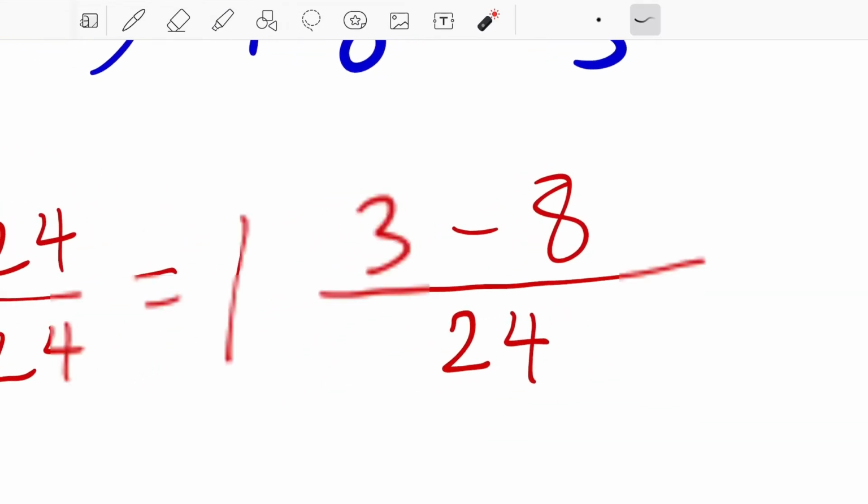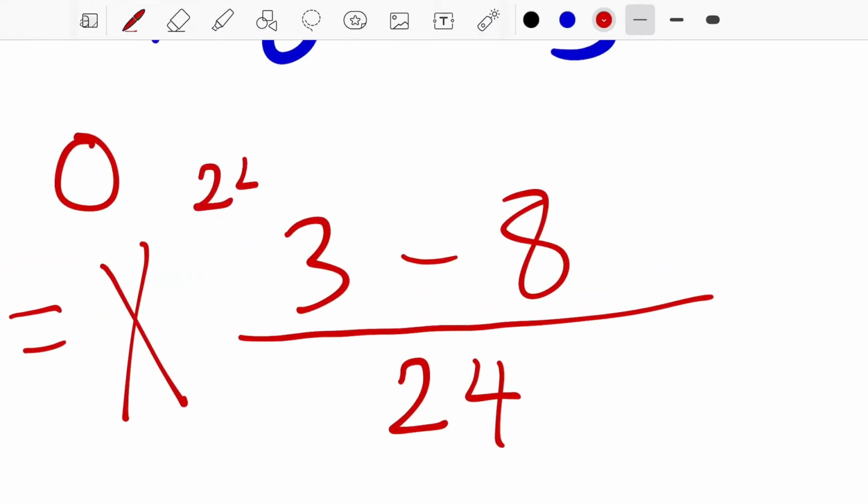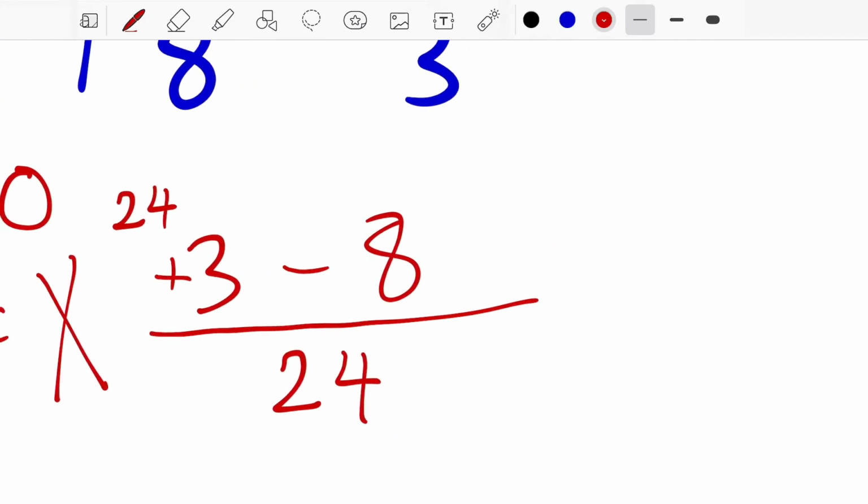So we are bringing across, so we borrow 1 from the 1, we remain with 0. We are bringing across 24. So 24 plus 3 is 27. 27 take away 8 is equal to 19.